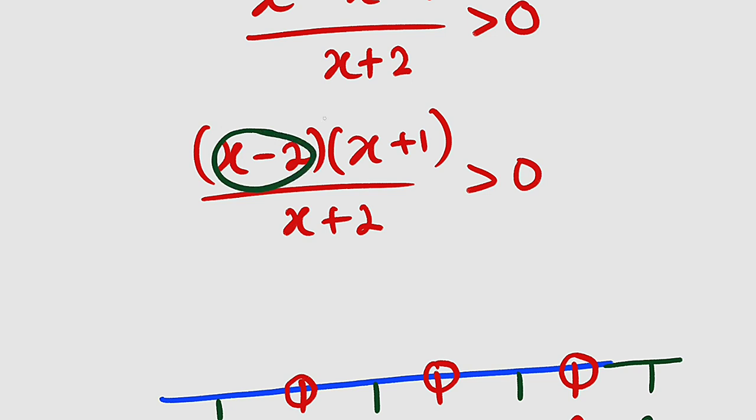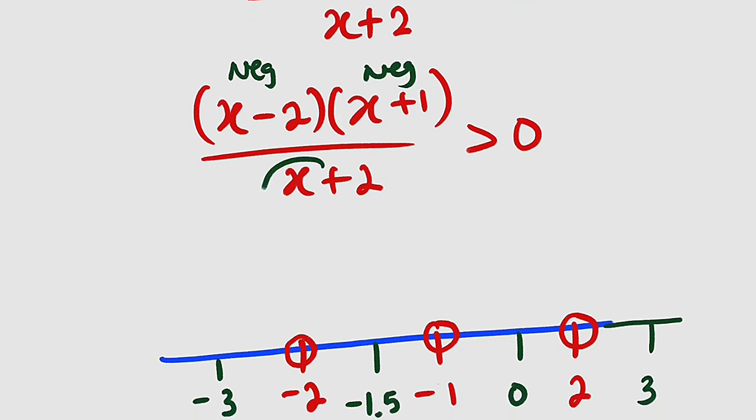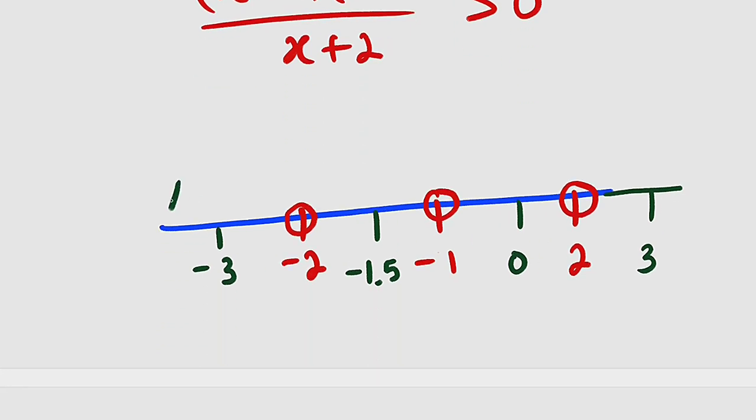By plugging -3 here, you have -3 minus 2, which is negative, right? -3 plus 1 is still negative. Then -3 plus 2 is still negative. So you can see that negative times negative is positive, and positive divided by negative will give us negative. So to the left hand side of -2, we have negative.